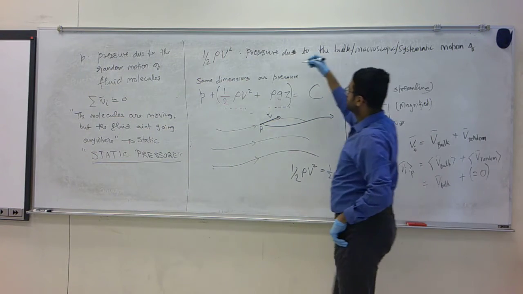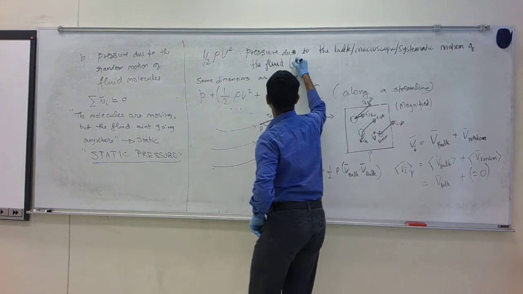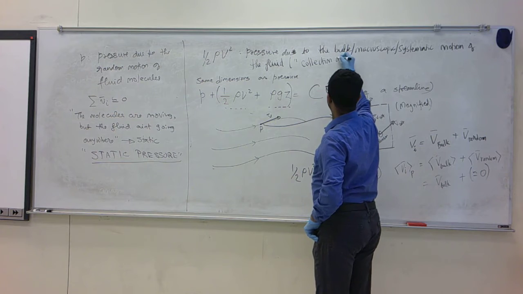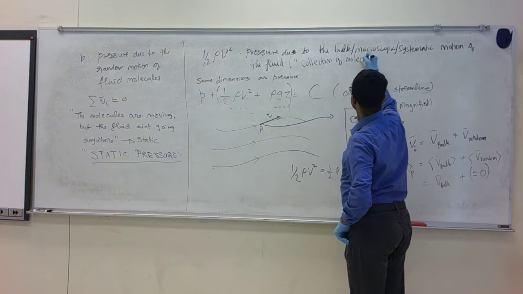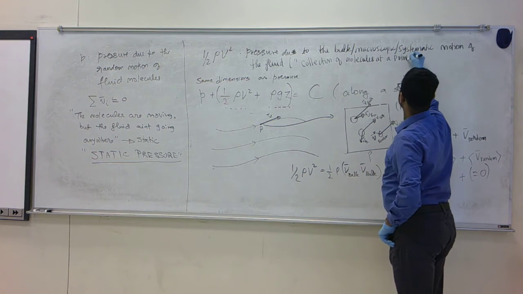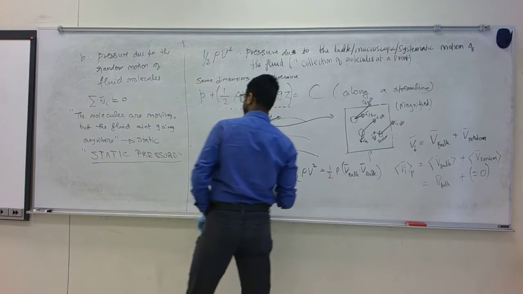of the fluid. Half rho v squared is the pressure due to the bulk or macroscopic motion.